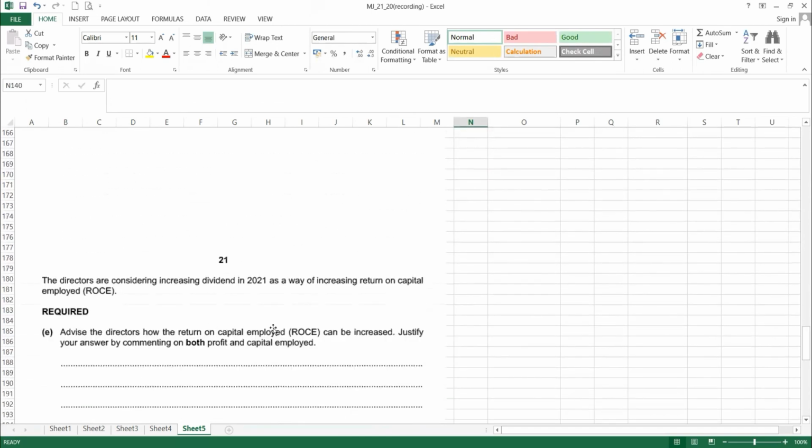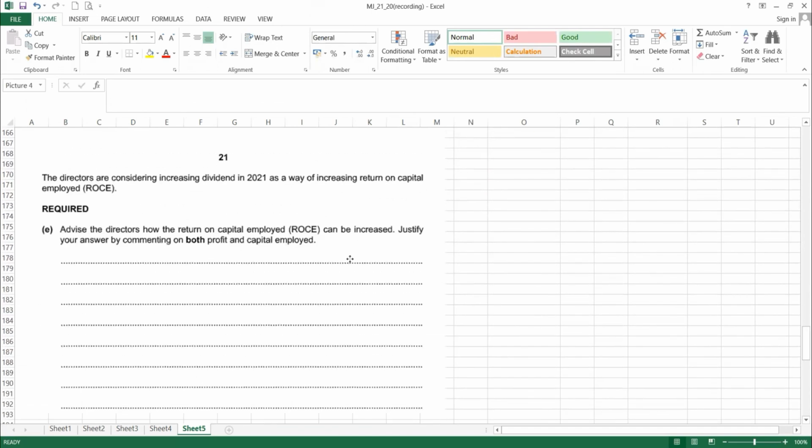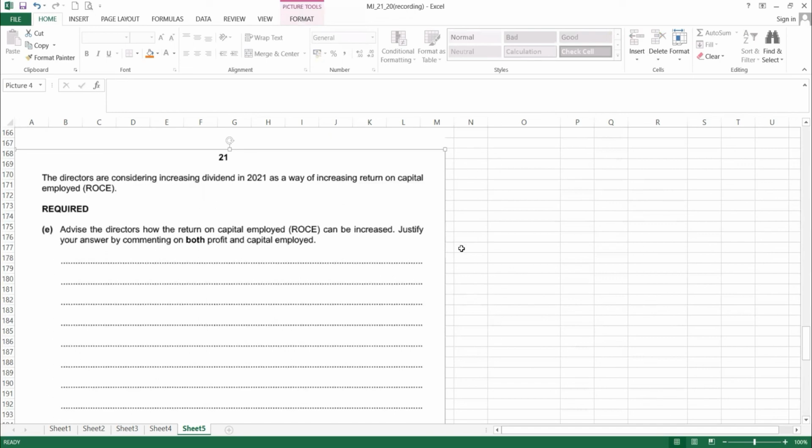See what else the question asks. The question says that the directors are considering increasing the dividend in 2021 as a way of increasing the return on capital employed. Advise the directors how the return on capital employed can be increased. Justify your answer by commenting on both profit and capital employed.